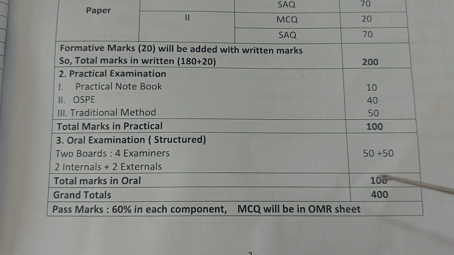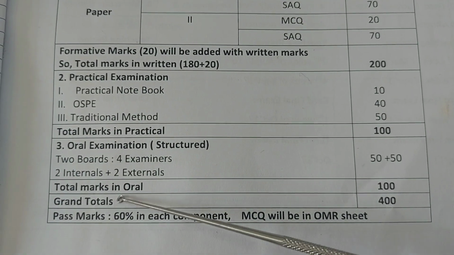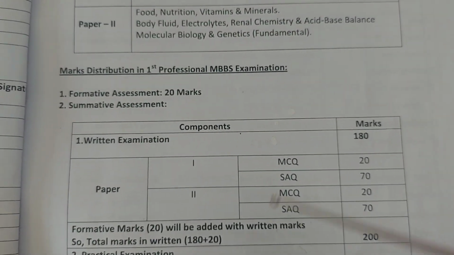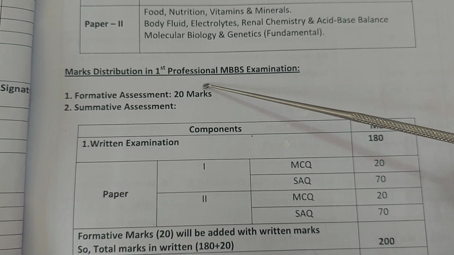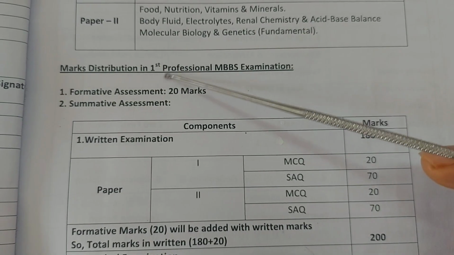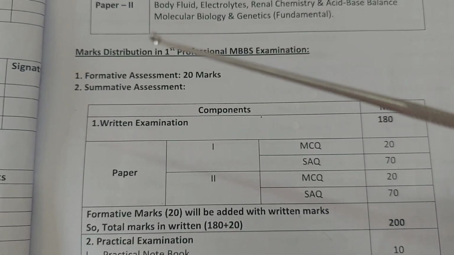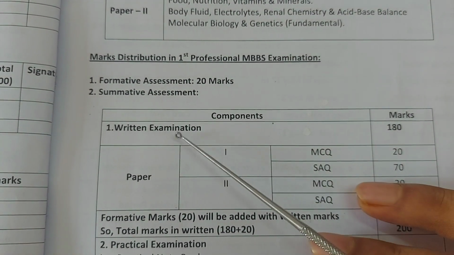Among these 400, you have to achieve 60% marks to pass this examination. And here is the formative 20. This 20 is composed of your class performance, class attendance, and behavior. So this will be your marks distribution.